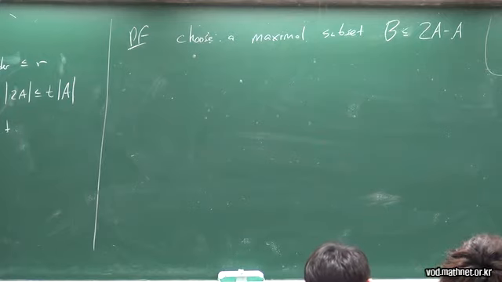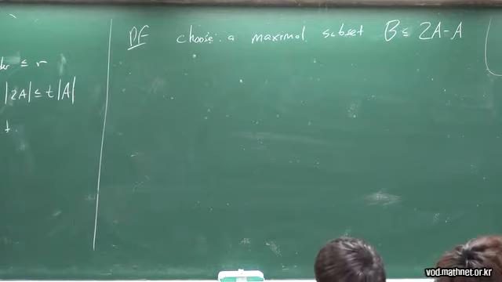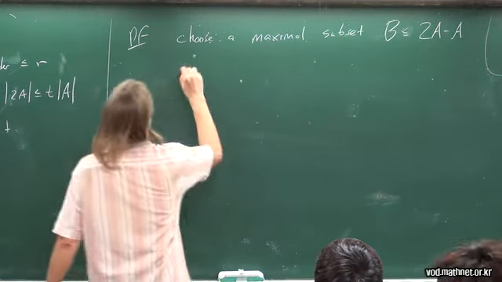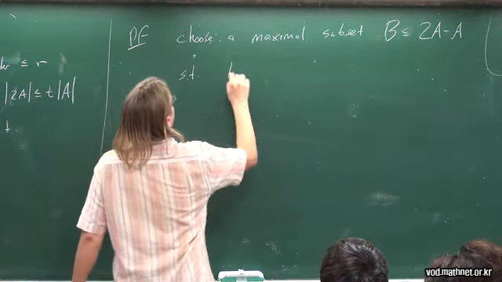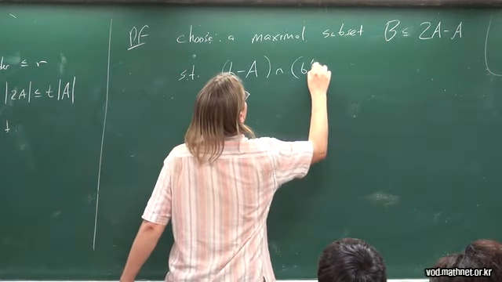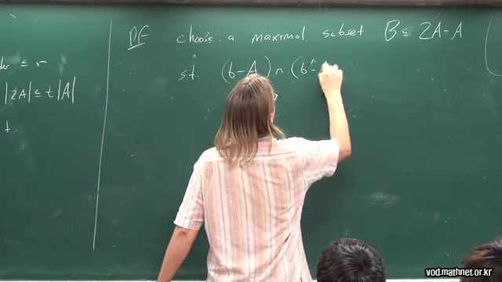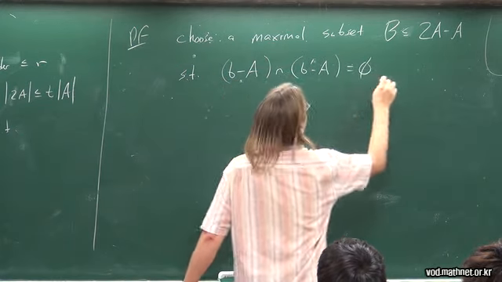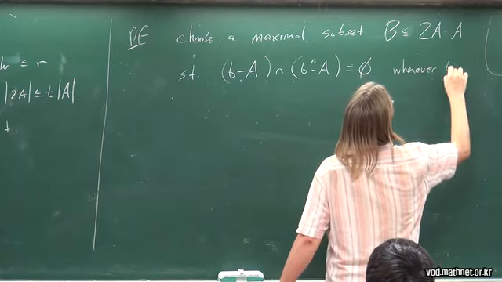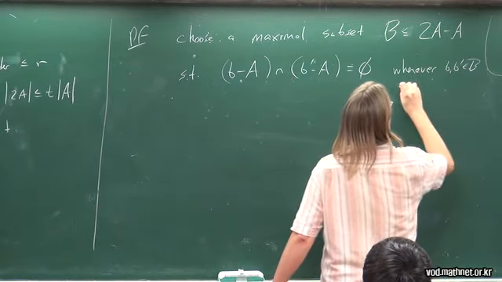I want to choose a maximal subset so that any two points I choose are far apart in the following sense: B minus A intersect B prime minus A should be empty whenever B and B prime in B are distinct.